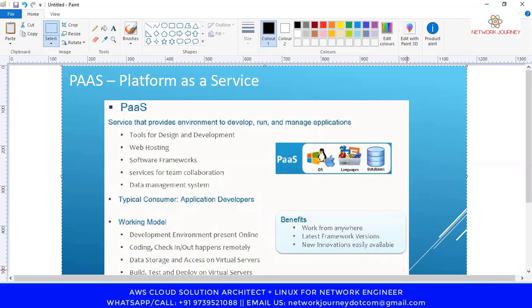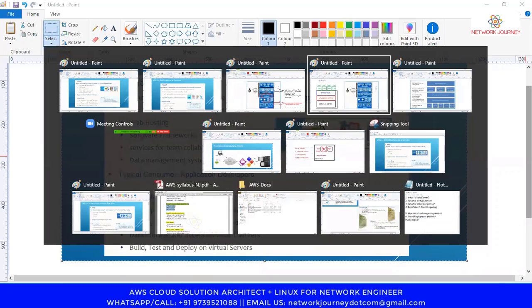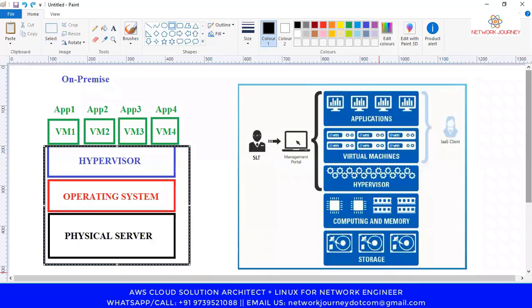In such a case, platform as a service is helpful for a developer. How? They can directly use these resources. For example, the database will be directly available. Any Python server, .NET server, everything will be directly available. So they can utilize the resources directly. According to this picture, if it is platform as a service, they can only concentrate on building web applications.